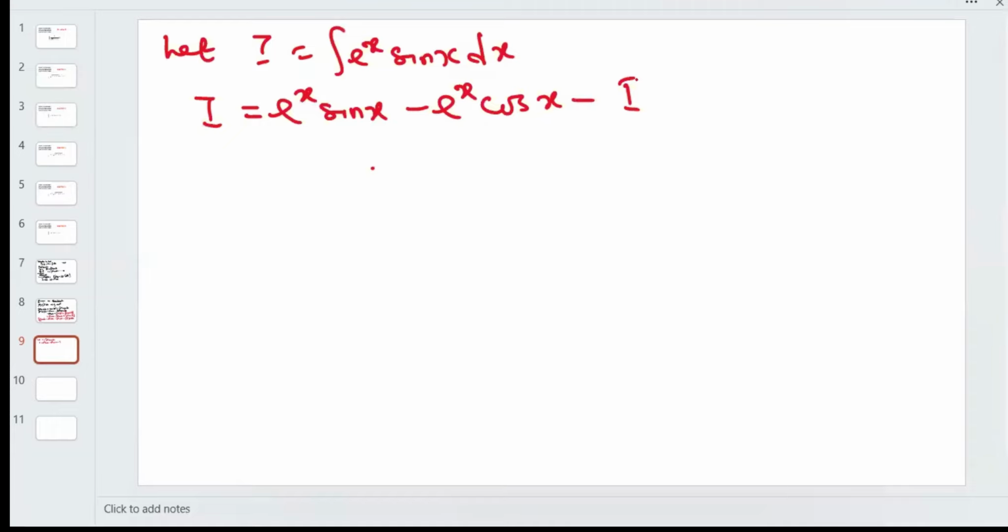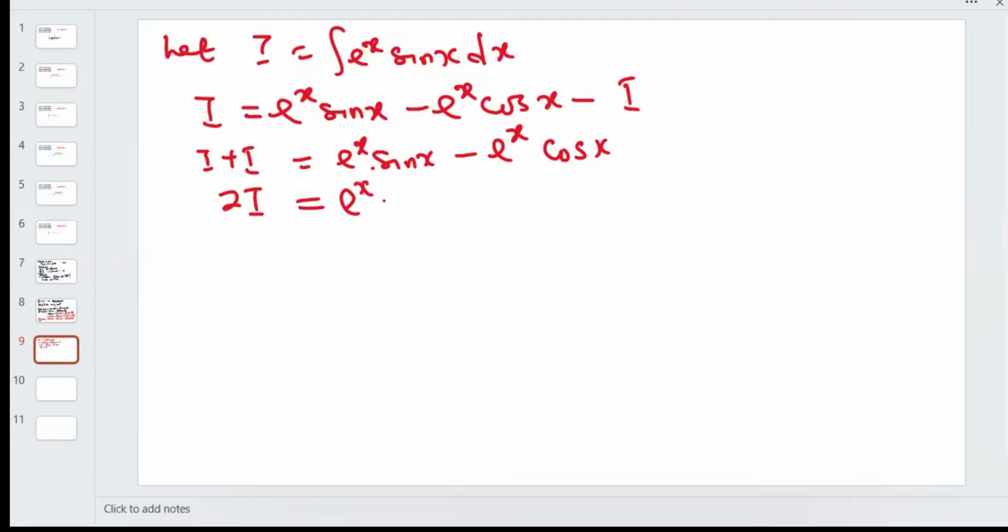The negative I goes to the other side, and then I have I plus I equals exponential x sine x minus exponential x cos x. So I plus I, of course, is 2I.